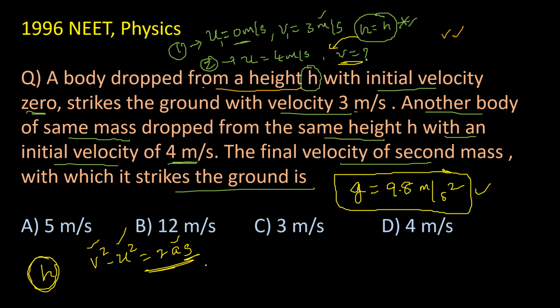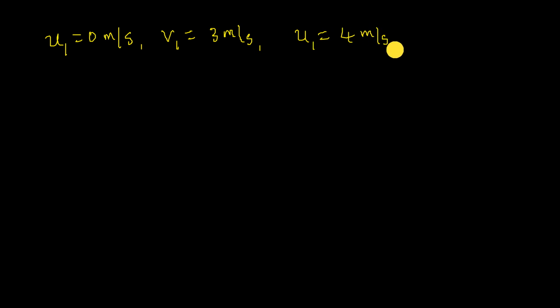So we have to do the problem; remember the values. Initial velocity u1 equal to 0 meters per second and final velocity v1 is 3 meters per second. In the second case the initial velocity is 4 meters per second and v2 we have to find out.